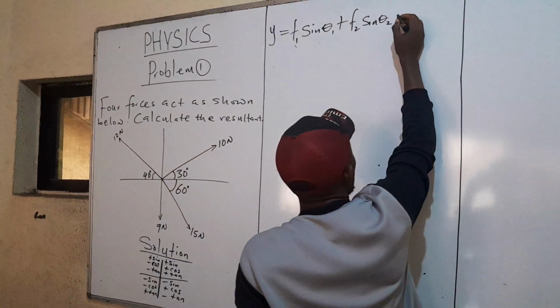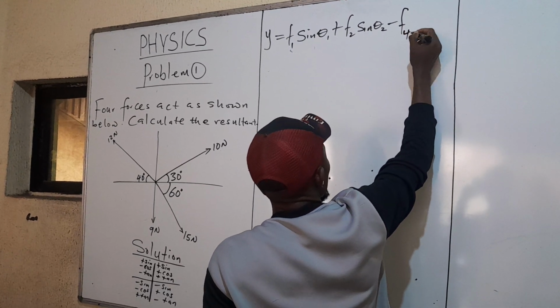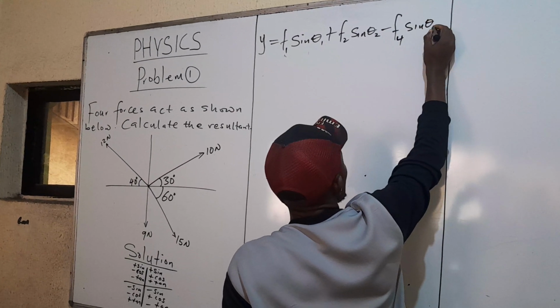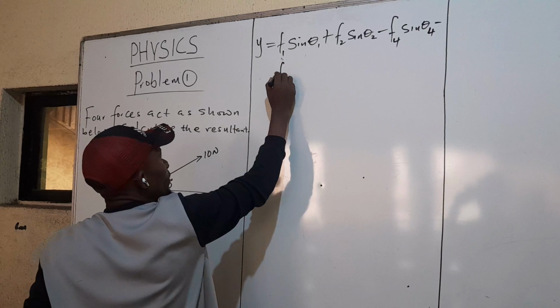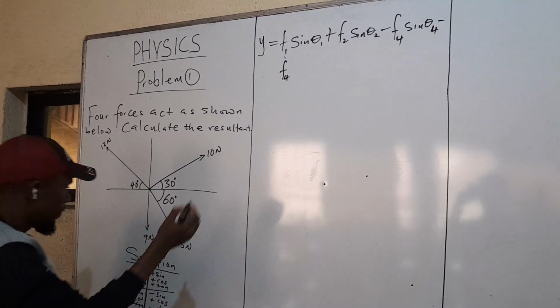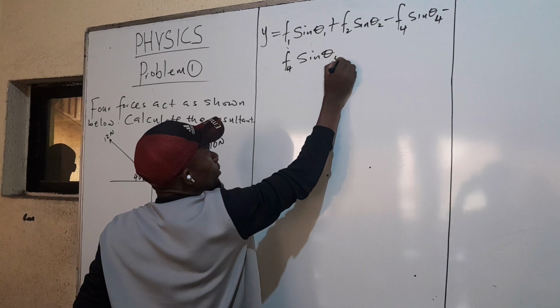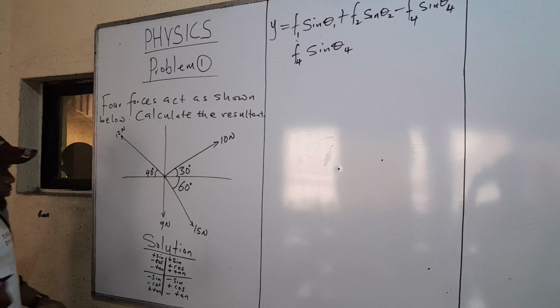So the first one is minus F4 sine θ4. The same minus, same F4, we'll have two F4 there because it's on the fourth quadrant. F4 sine θ4.